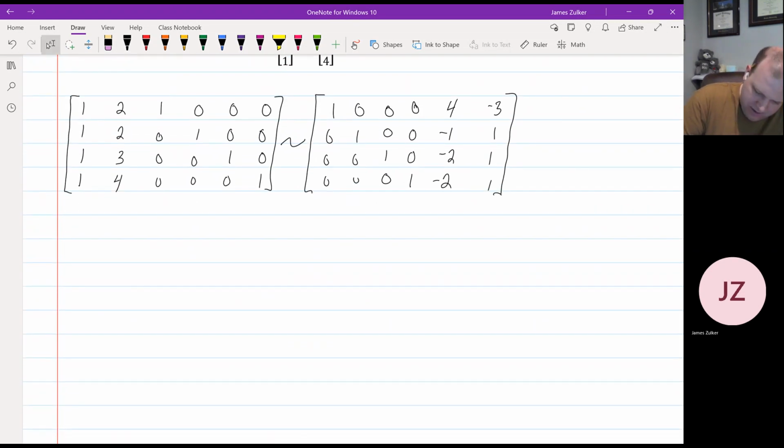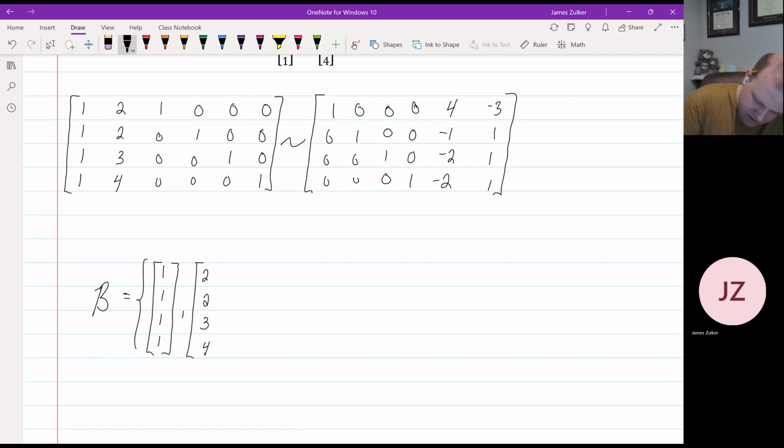So let's call this our basis: the first column of the original matrix, the second column of the original matrix, then the third, and finally the fourth.